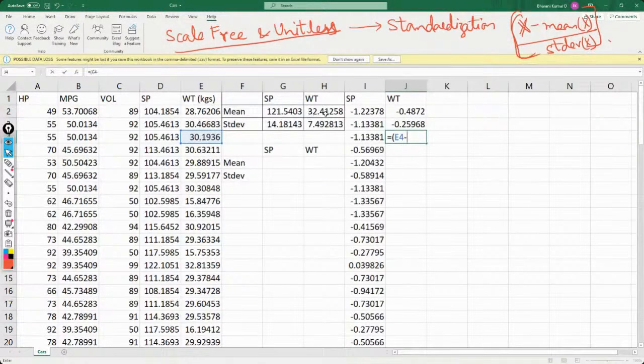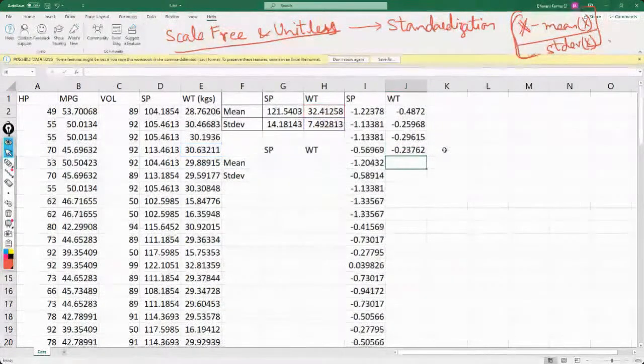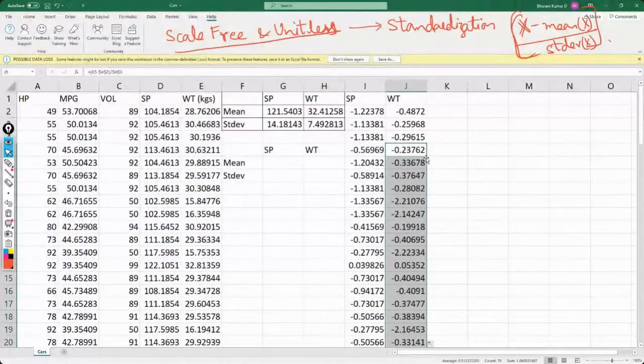So x minus mean divided by standard deviation. The mean is not changing, so I'll ensure that it's the same. Divided by standard deviation. So there we go. We have the standardized top speed and standardized weight.